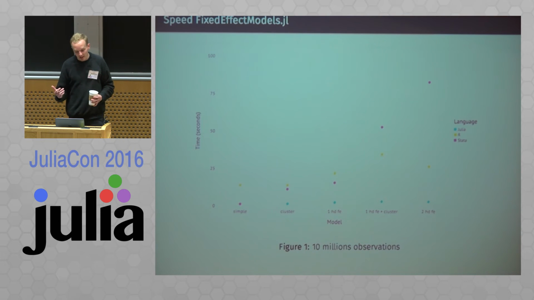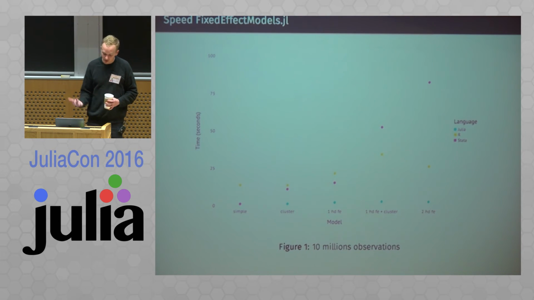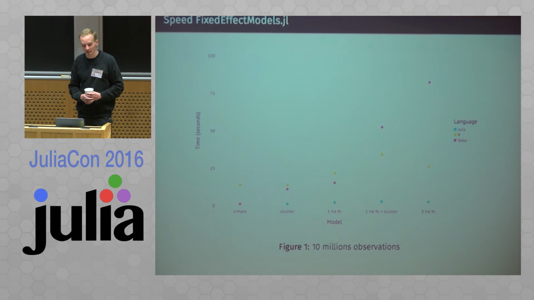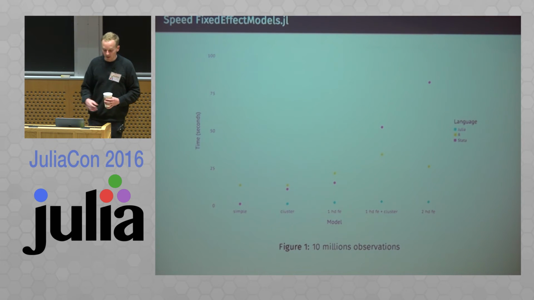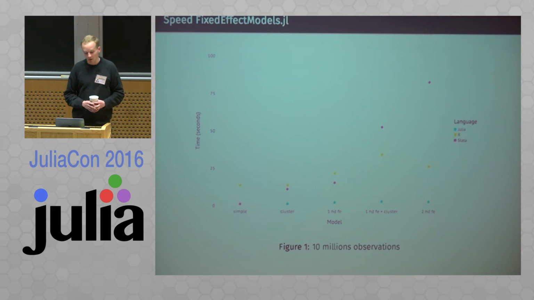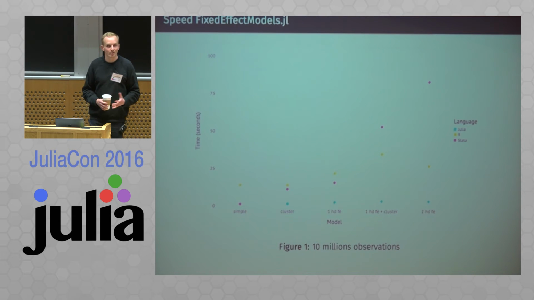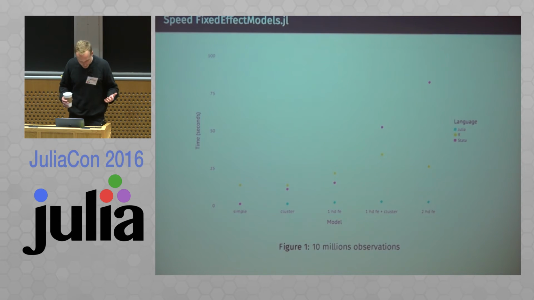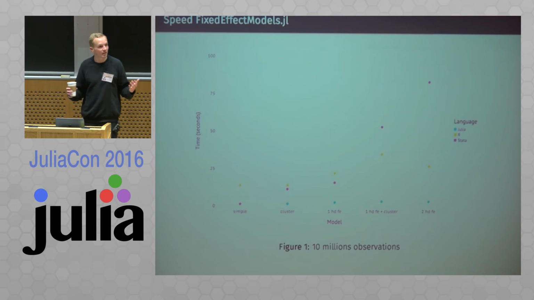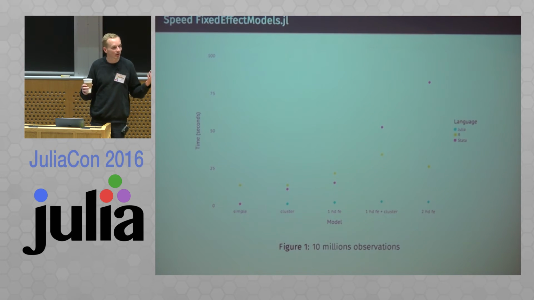Very quickly, you see that in Stata, because the language is not very fast, and you need at every step of the iteration to multiply by these sparse matrices, which is actually a for loop, Stata becomes very slow as soon as you add fixed effects. R is very slow, even in simple OLS. That's something I discovered. Even if you do just simple OLS, it takes like 20 seconds just to set up the problem and invert a matrix.